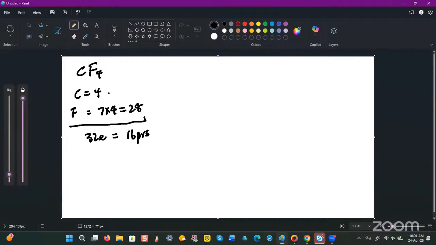The next step is that we identify the less electronegative element between these two. If you go to the previous table I showed you, you'll see that carbon has a lower electronegativity value compared to fluorine. So you're going to put the carbon in the middle and surround it with the fluorines, like this.